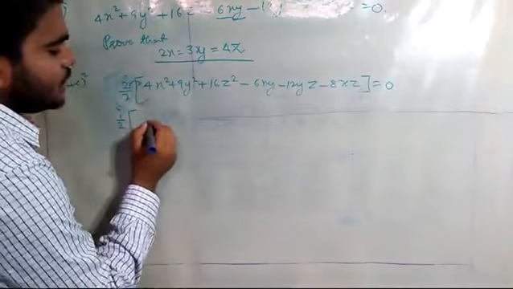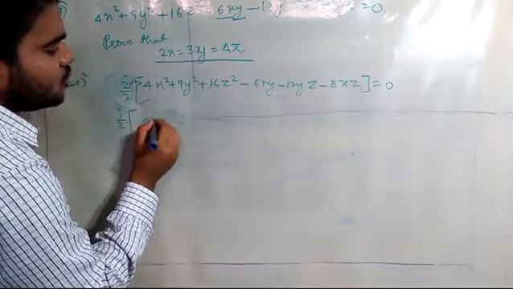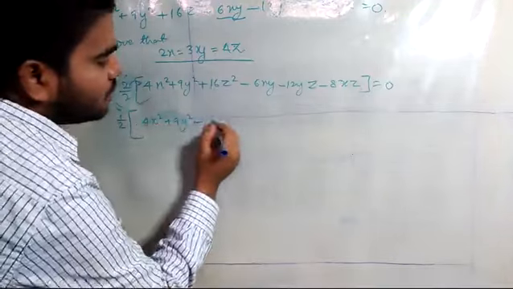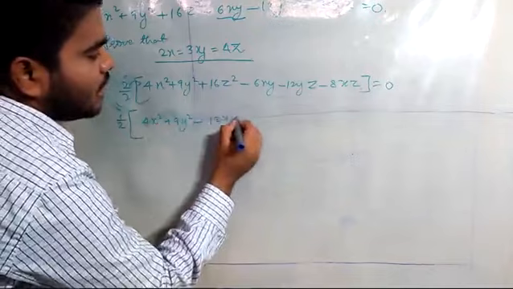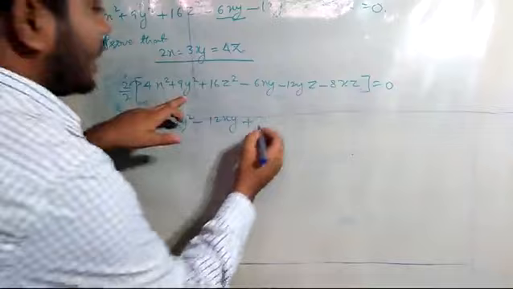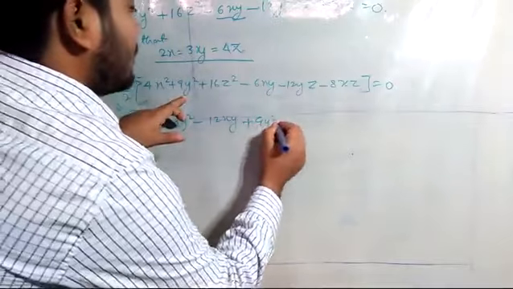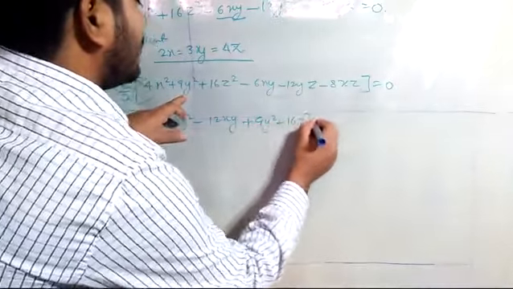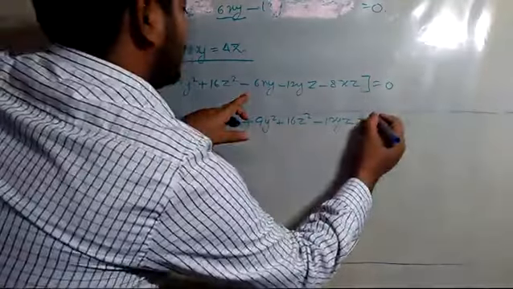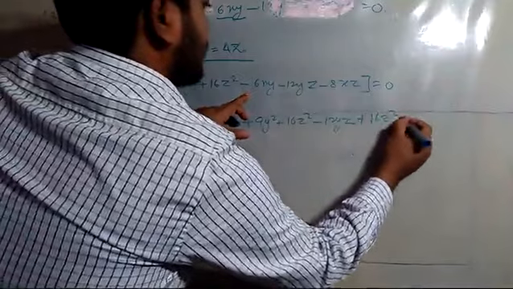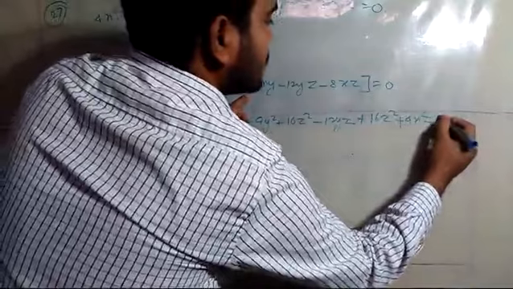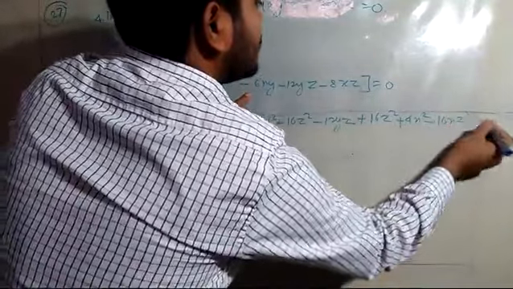You can directly write now: 4x square plus 9y square minus 12xy, plus again you will write here 9y square plus 16z square minus 12yz, then again you write 16z square plus 4x square minus 16xz. This is equal to 0.